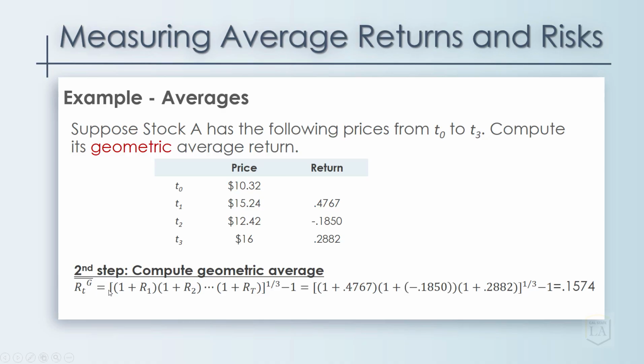The geometric average return is 1 plus R sub 1, 1 plus R sub 2, all the way to 1 plus R sub terminal period. And then whatever time period you have, you will use the reciprocal of that time period as your power, or just put that as a ratio, 1 over that time period.